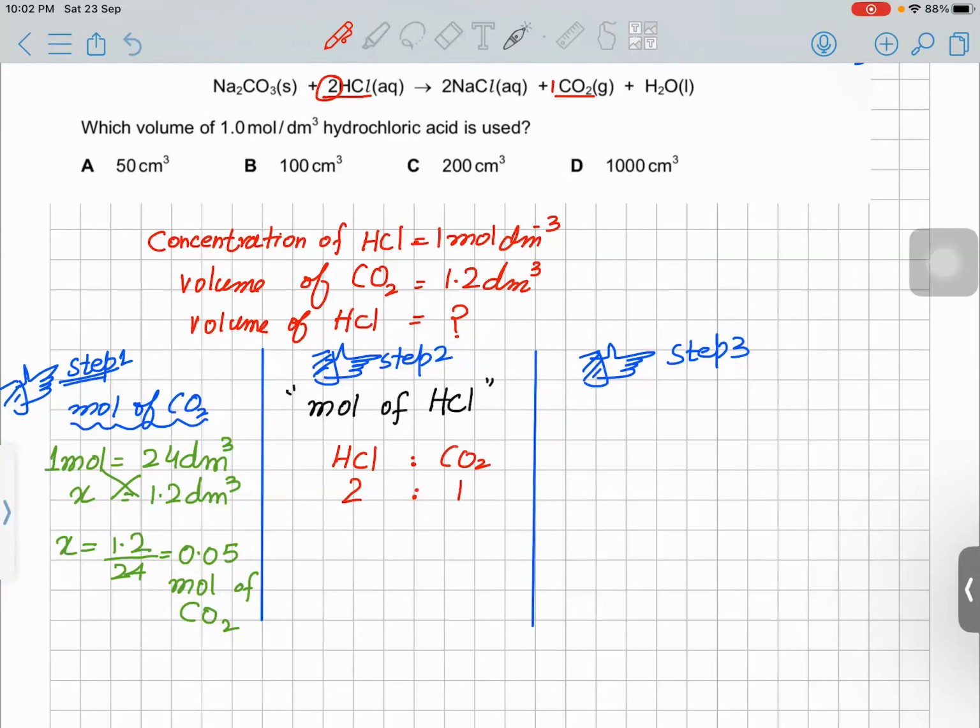So carbon dioxide is 0.05 and HCl is X. So X is 2 times 0.05, so 0.1 mole of HCl. Right? Now step 3. Volume of HCl.